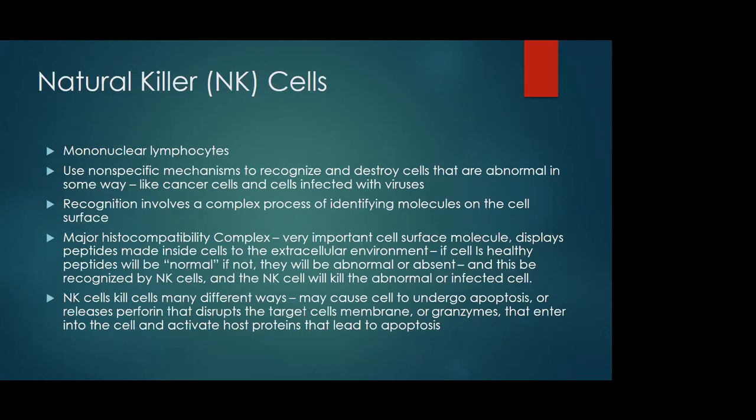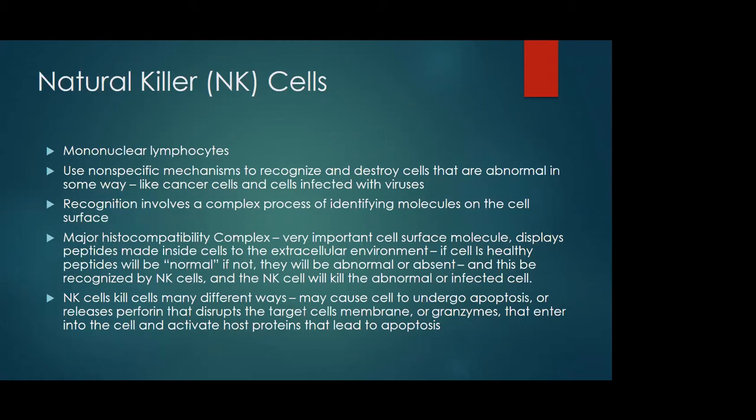And if those proteins are normal self proteins, then NK cells and other cells won't be triggered. If they're abnormal or if they belong to a pathogen, then NK cells or T cells, which we'll talk about next time, can recognize that as bad and kill it.